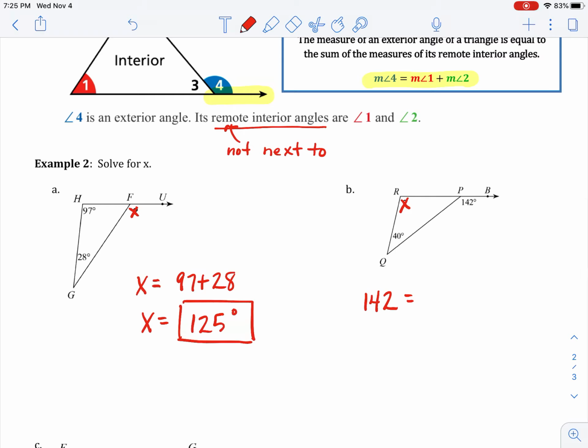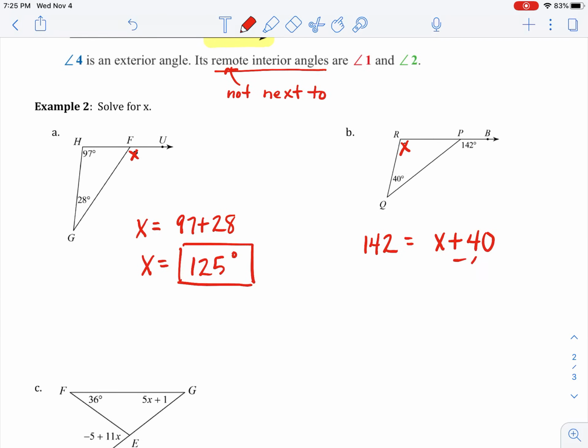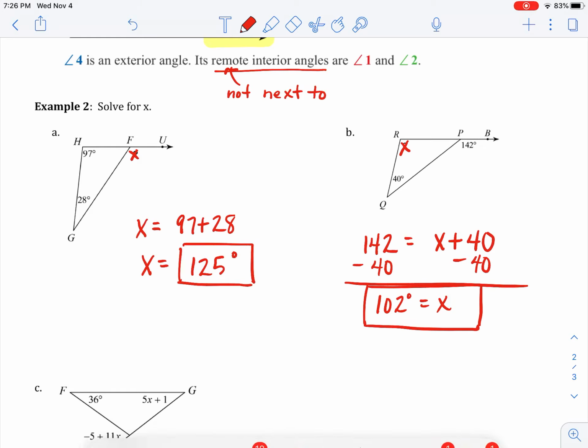So 142 will be equal to x plus 40, because x and the 40 are considered remote interiors. So if we just subtract 40 off of both sides for this one, we end up getting 102 equals x. So in this case, our x is equal to 102 degrees. So it's the same idea, it's just that the unknown quantity was an exterior angle in example 2a, but it was an interior angle in 2b.